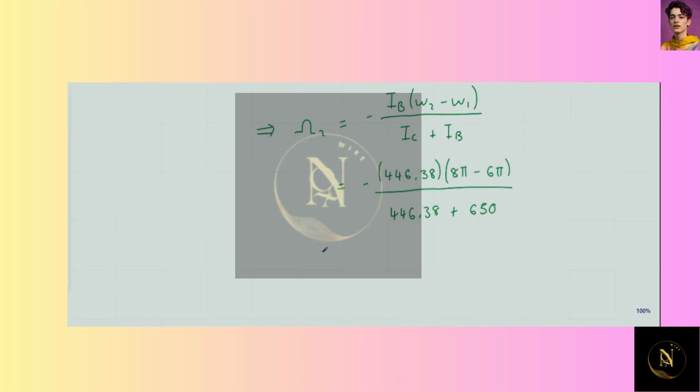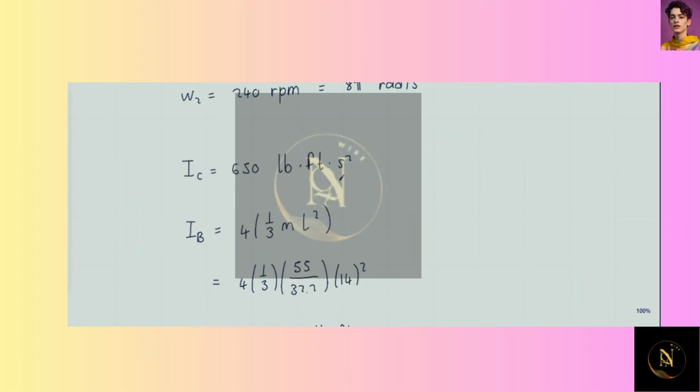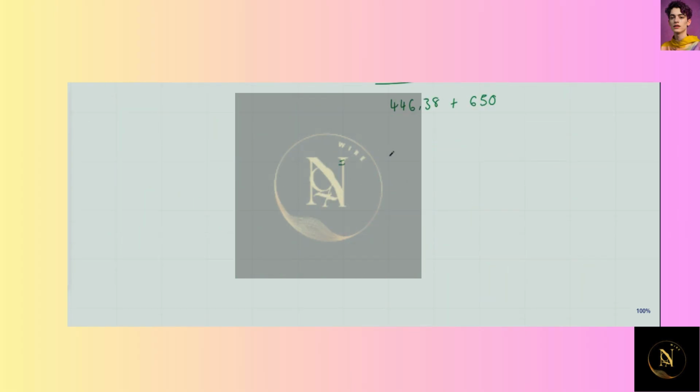Hence we get omega 2, the angular velocity of the cab in state 2, to be minus 2.5581 radians per second. And this translates to capital omega 2 equal to minus 24.4 RPM, or revs per minute.